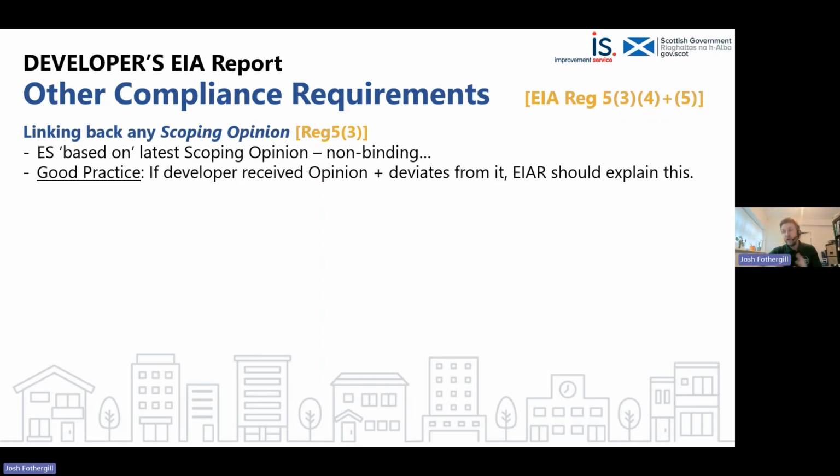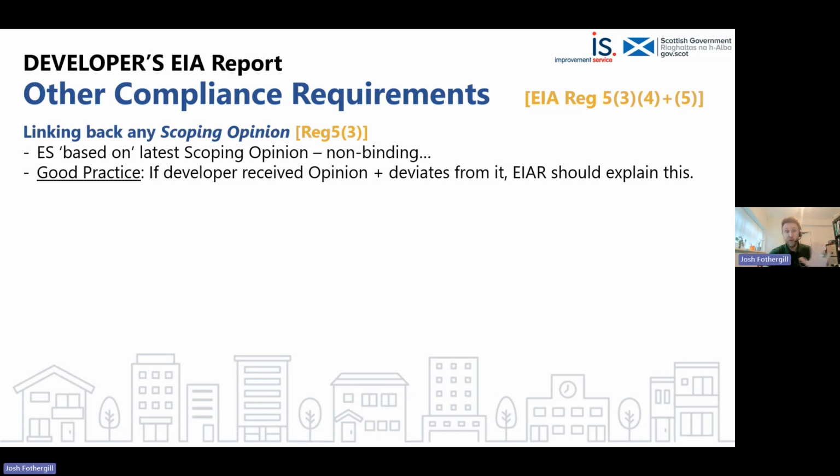So if they've utterly ignored vast things that you asked for or were highlighted by the statutory consultees and you included in your scoping opinion, then it gives you the basis to say, actually, this isn't good enough. Good practice obviously would be that the developer, if they've received an opinion and deviates from it, explains that within the EIA report, and that's pretty easy to find within the contents.